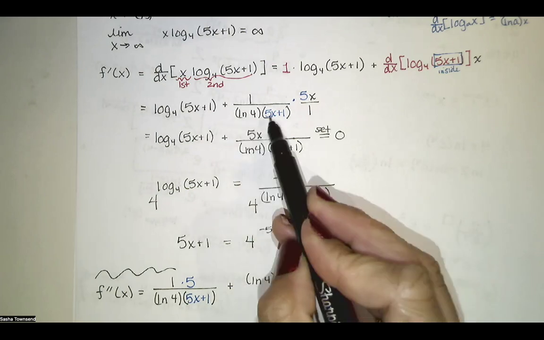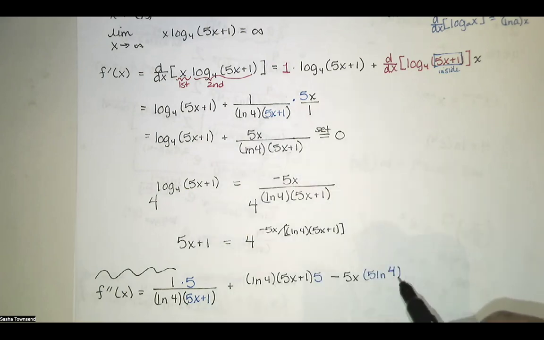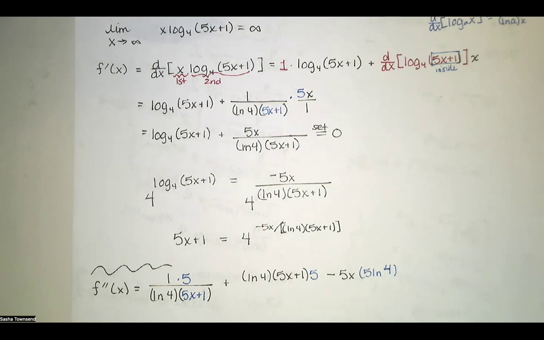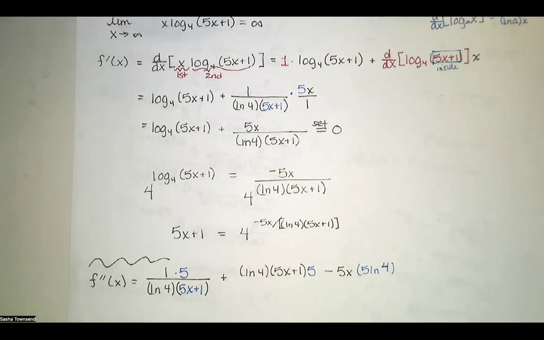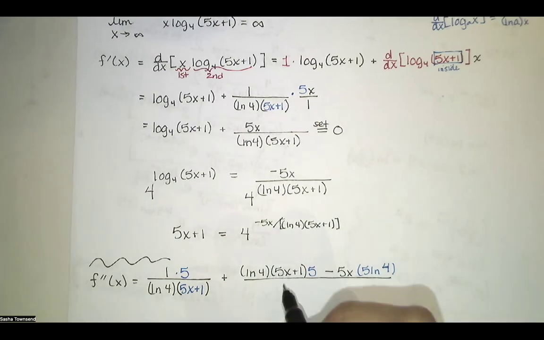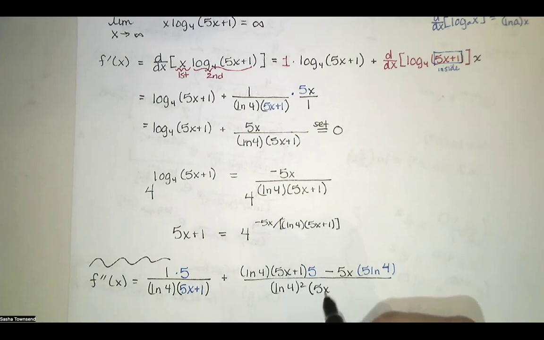The derivative of 5 natural log of 4 times x is just the 5 natural log of 4, excuse me. The derivative of a constant times x is just the constant. And the derivative of 1 times natural log of 4 is just the derivative of a constant, which is 0. So we've got that, all divided by low, that denominator squared.